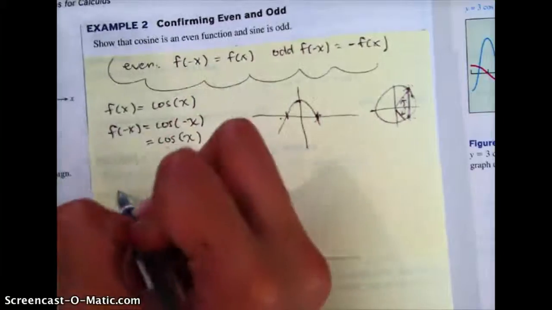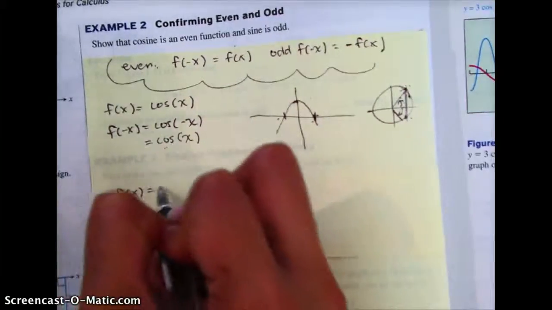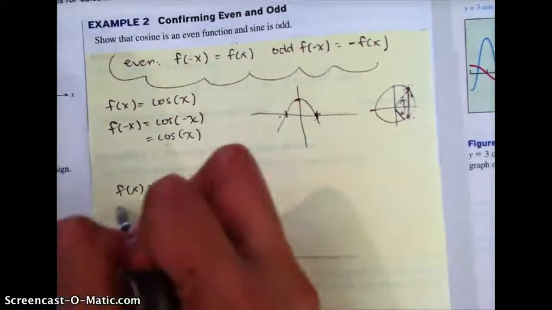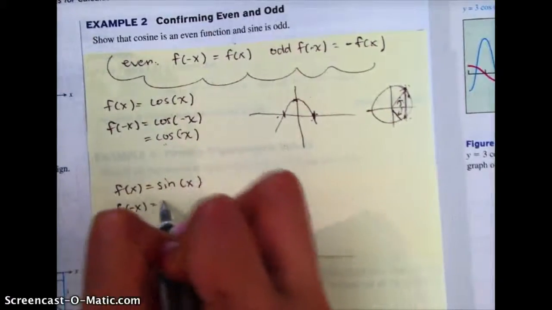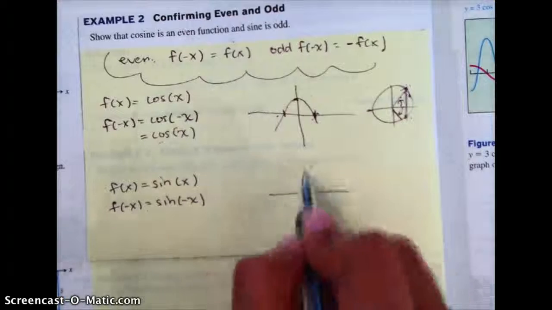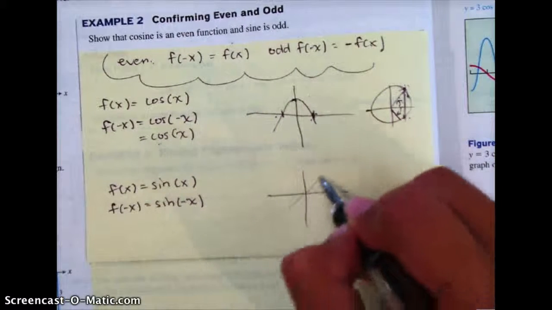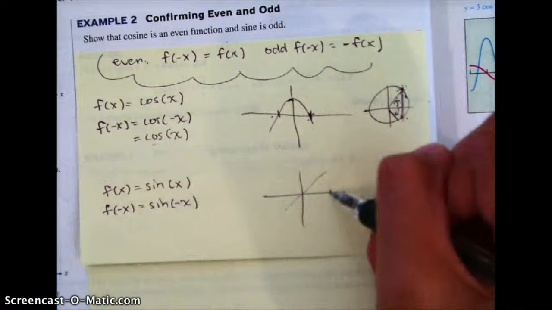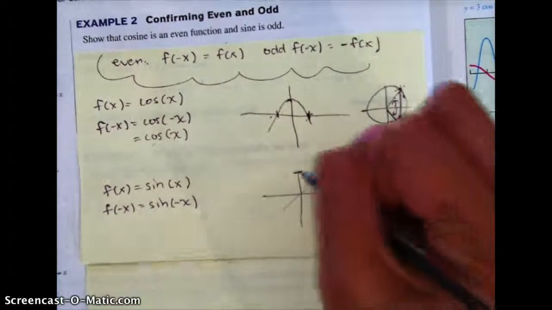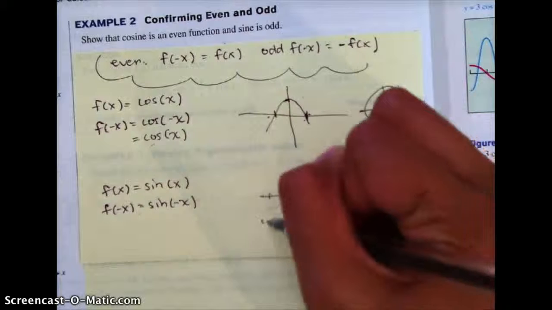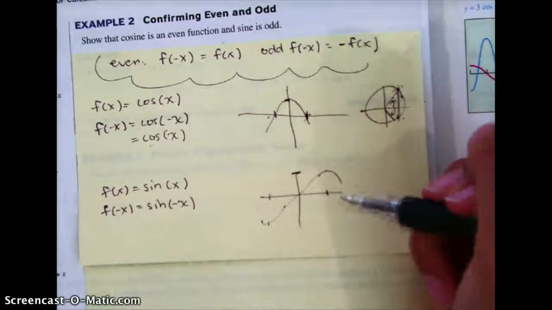When we think about sine, it works out differently. If I plug in a negative x to sine, and we think about the graph of sine which goes through the axis right here, plugging in a positive 1 gives you a positive 1 y value. It's going to curve. And plugging in negative 1 gives you a negative 1 value. They're opposites.